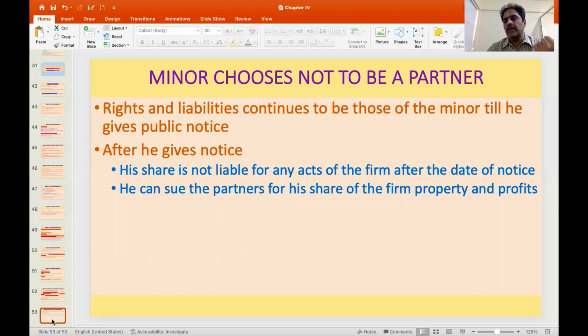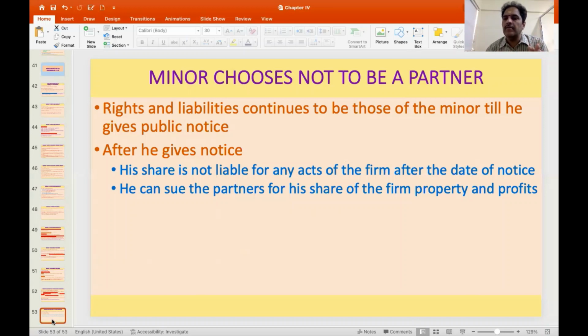Then the third thing is an advertisement has to be given in a vernacular newspaper operating in the district where the place of business of the firm is located. So for a registered firm, all the three modes have to be used.